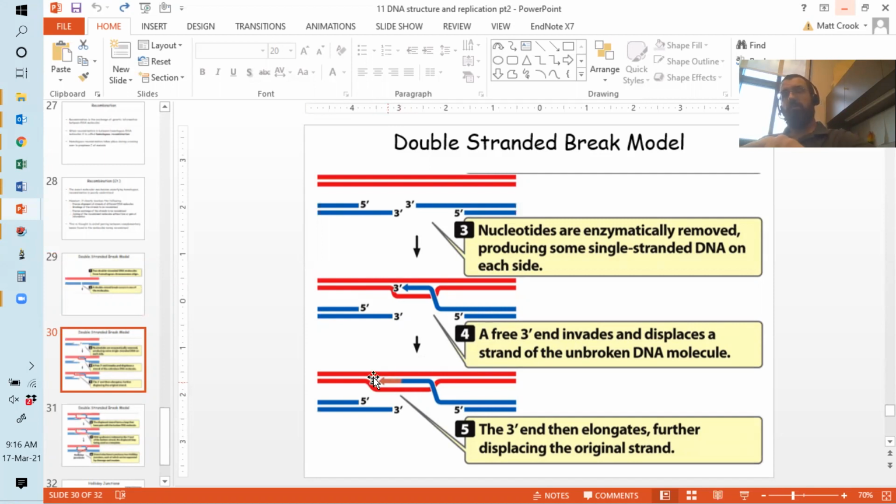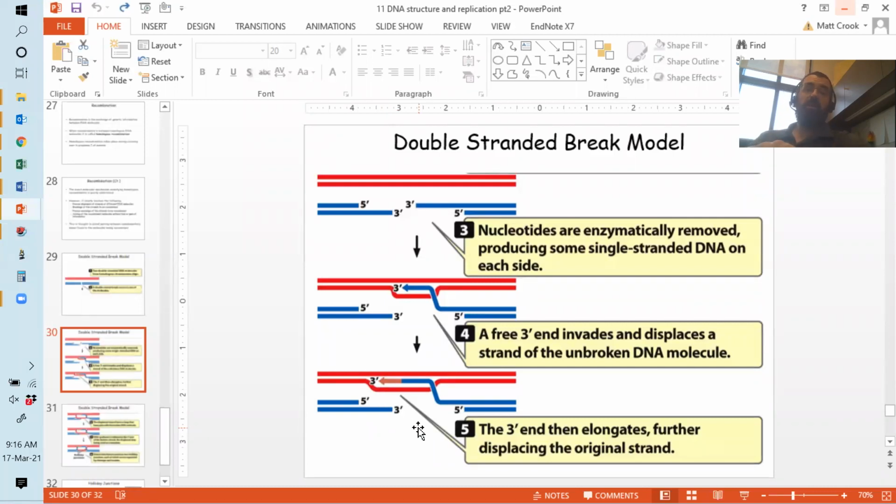And so as it does so, it displaces this third strand, right, even further, right? Essentially, we've got a little replication fork going on here, right, with just a leading strand being synthesized. And as it does so, this displaced third strand, you can see it's now starting to line up with this other strand down here, right? So there's now an overlap.